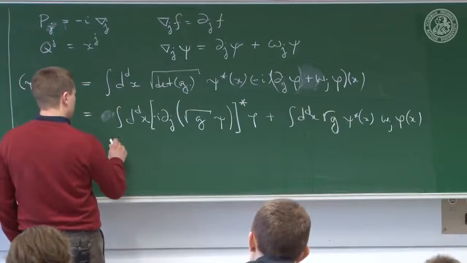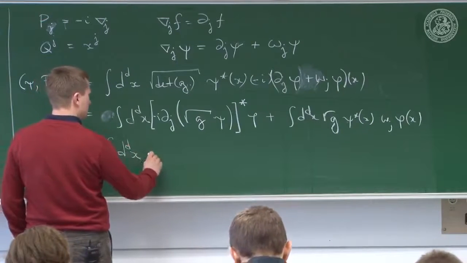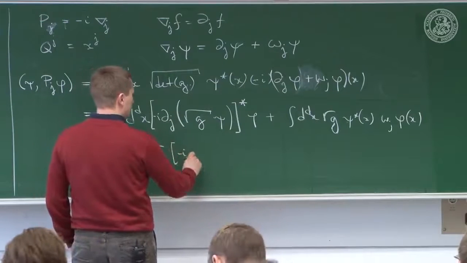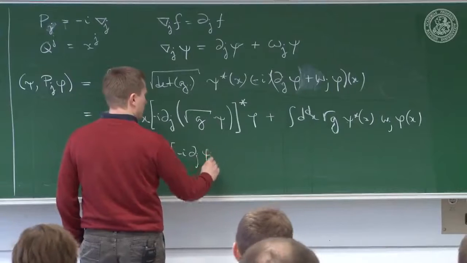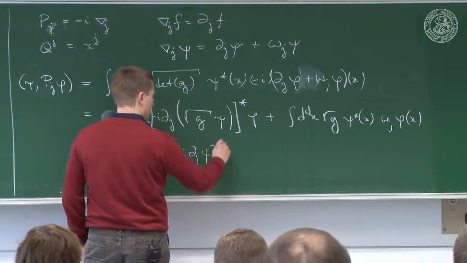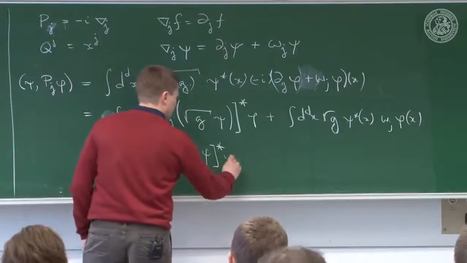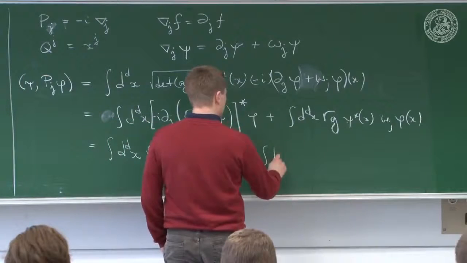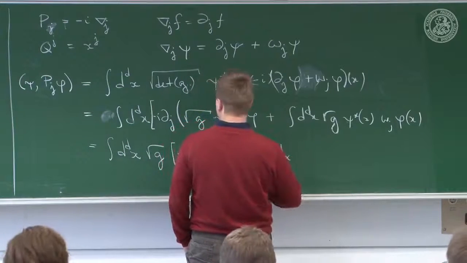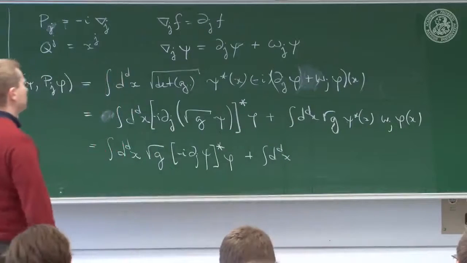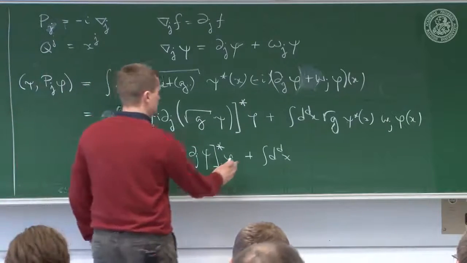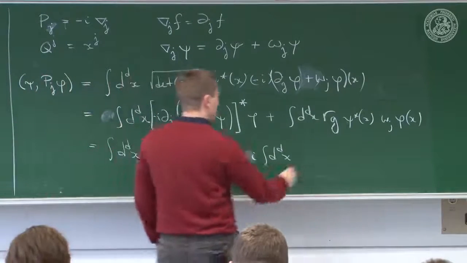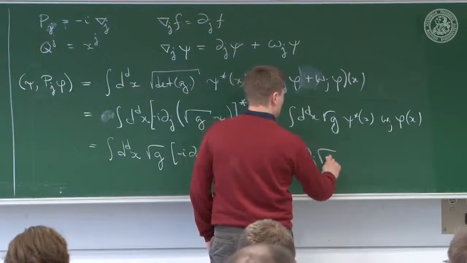And so we get integral d^dx square root of g. So first act on the second term, minus i del j psi starred phi plus integral d^dx minus i times del j square root of g.